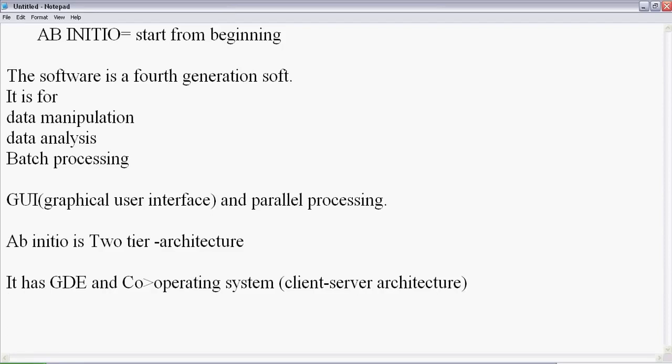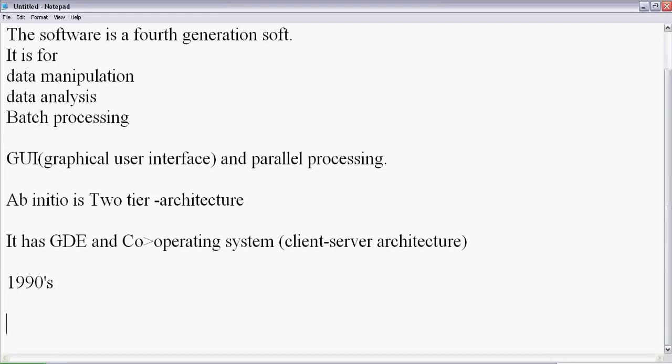It was actually founded in the 1990s. The person who invented this was a CEO of Thinking Machines Corporation.